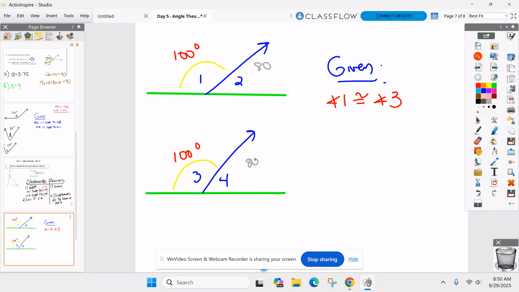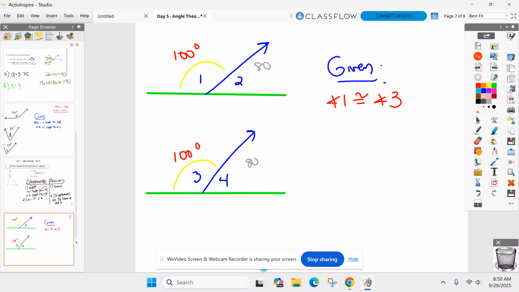What's 4 supplementary to? 3. Are 2 and 4 supplementary to the same exact angle? No! So that's why I'm not using the last theorem. 2 and 4 are supplementary to 2 different angles. But what do you know about those 2 angles? They are congruent. So if 2 angles are supplementary to congruent angles, they are congruent as well.